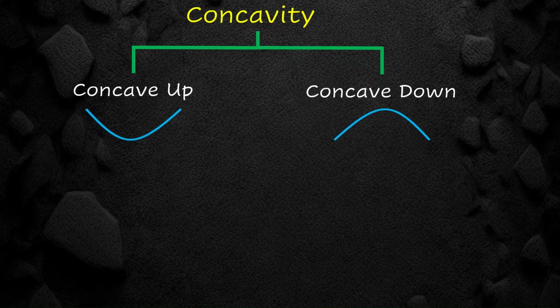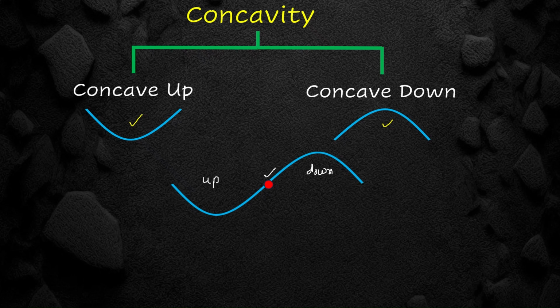As we know that the point of inflection is a point on curve where its concavity changes. We take two portions of curve, one is concave up, one is concave down. Let's combine them. When we combine the two portions of the curve, we get a point, this point. Note that on left of this point, curve is concave up, and on right, curve is concave down.